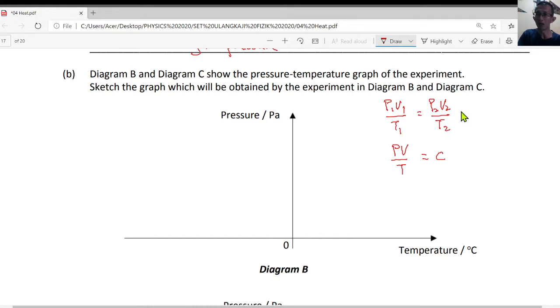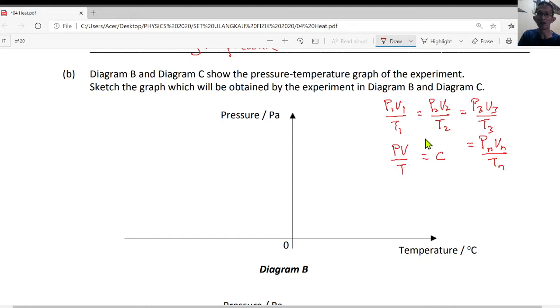I can also write this as P3 V3 over T3, until an nth value, Pn Vn over Tn. So what is the relationship between pressure and temperature?